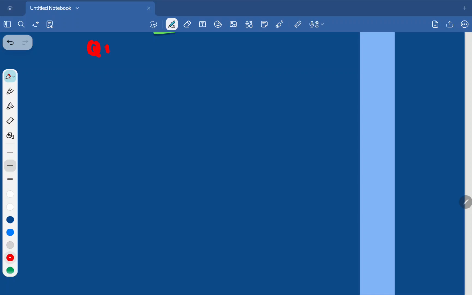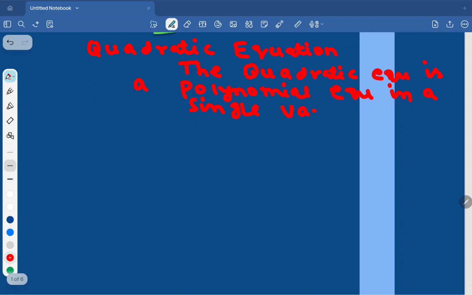One must know the definition. A quadratic equation is a polynomial equation in a single variable with degree 2.